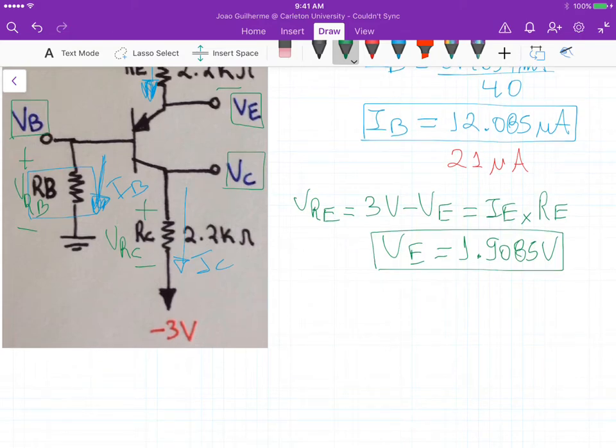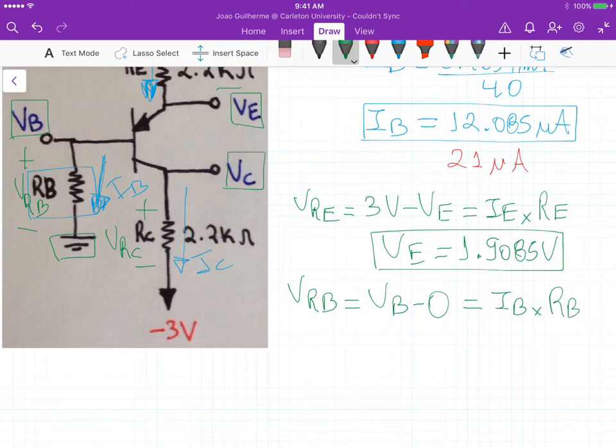For the base, we have VRB that's equal to the potential difference, so VB minus 0, right, because it's grounded. That should be equal to IB times RB. And this is the 100K that we are using now.